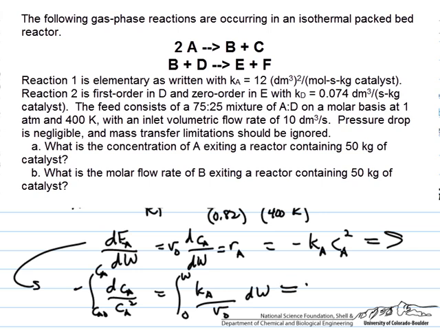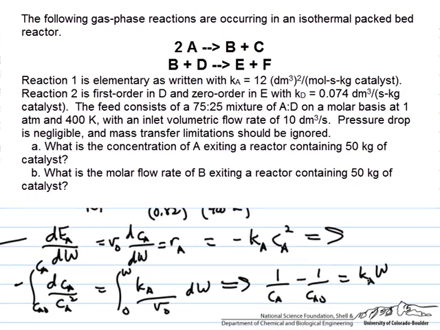If we actually integrate that out, then we get a pretty simple expression that you've probably seen many times before by now: 1 over CA minus 1 over CA naught is equal to KA times W divided by the volumetric flow rate. Now we have a nice situation in that we actually know all of these numbers, and there are no tricky unit conversions here, so I'm not going to plug them in.